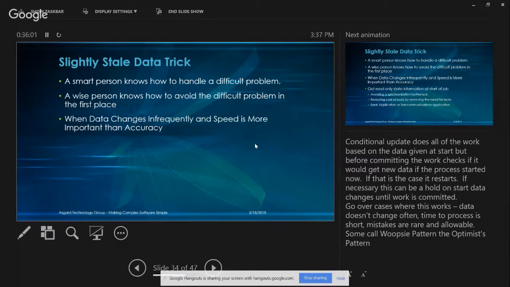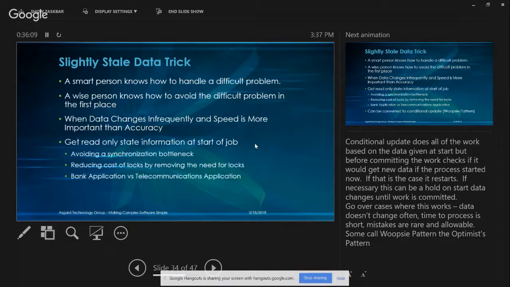So when data changes infrequently, and speed is more important than accuracy, so basically the telecom application, you can take data that changes, like I said, infrequently, and you can say, I'm going to assume it never changes for the extent of that thing.